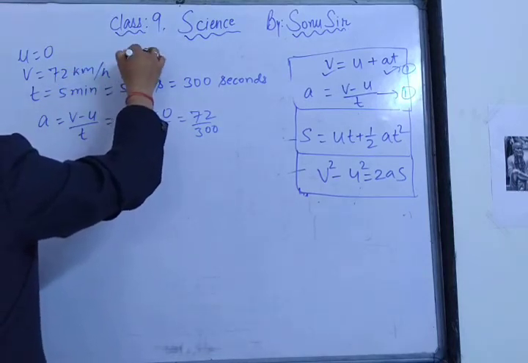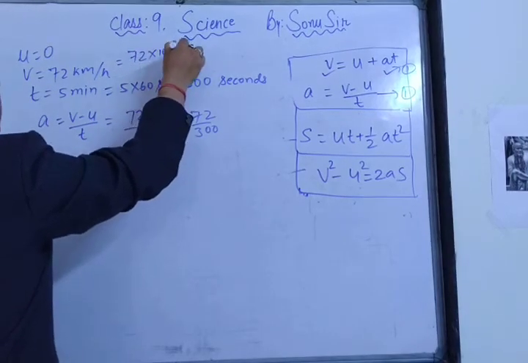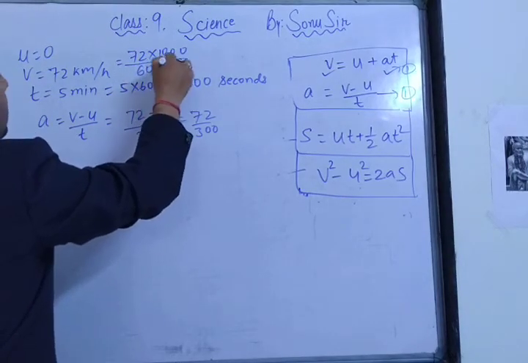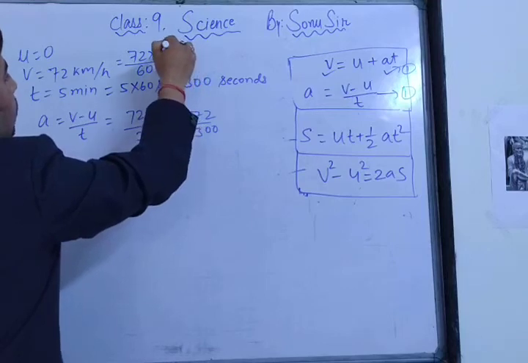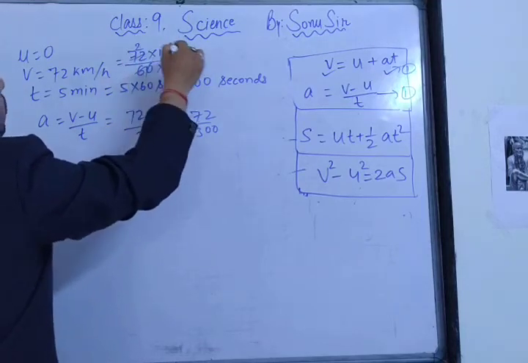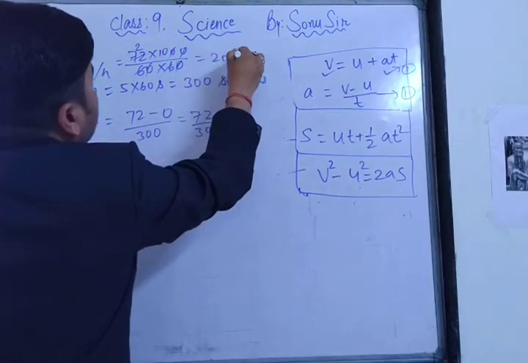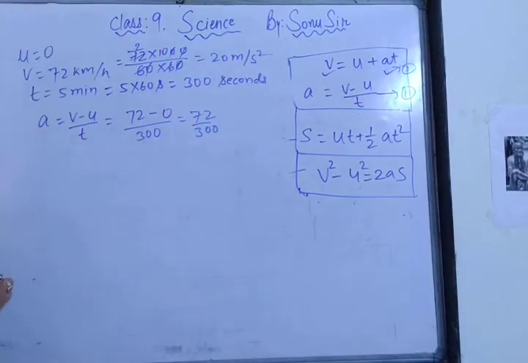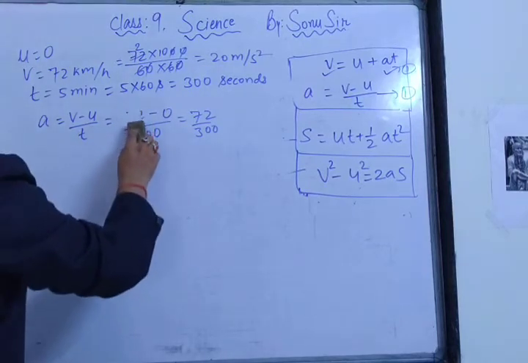So 72 into 1000 upon 60 into 60, right? Zeros cancel. 6 sixes are 36, 36 twos are 72. So you can write here 20 meter per second. Can we write 20 meter per second? Definitely we can write. So instead of 72, can we put 20?